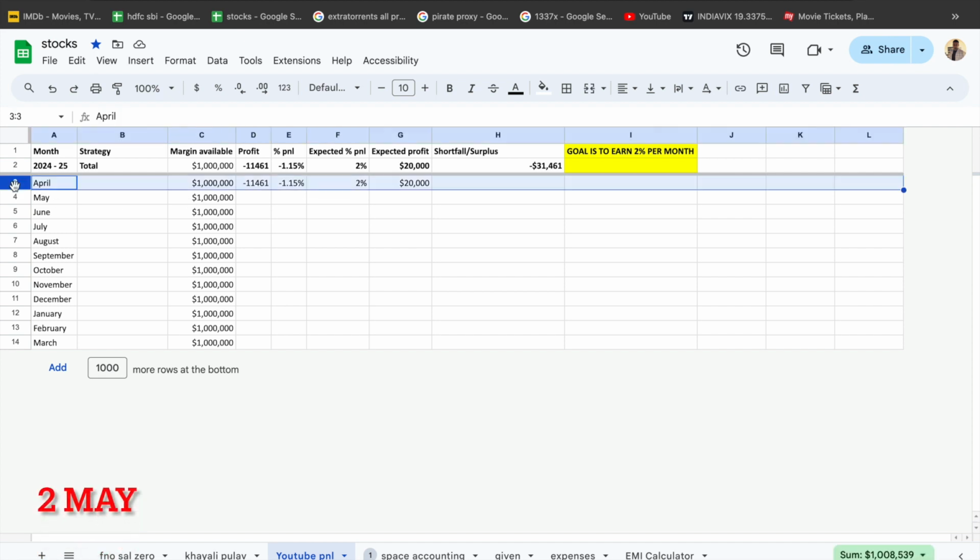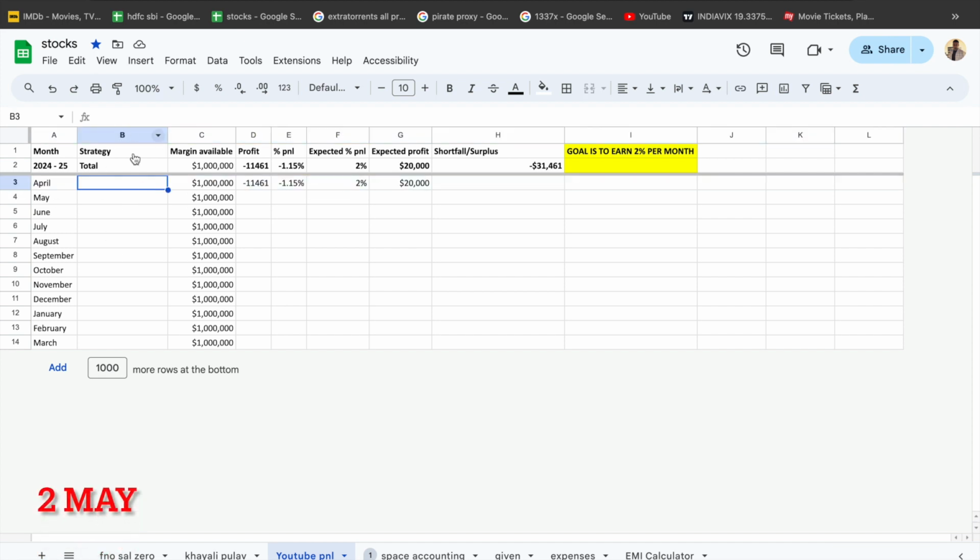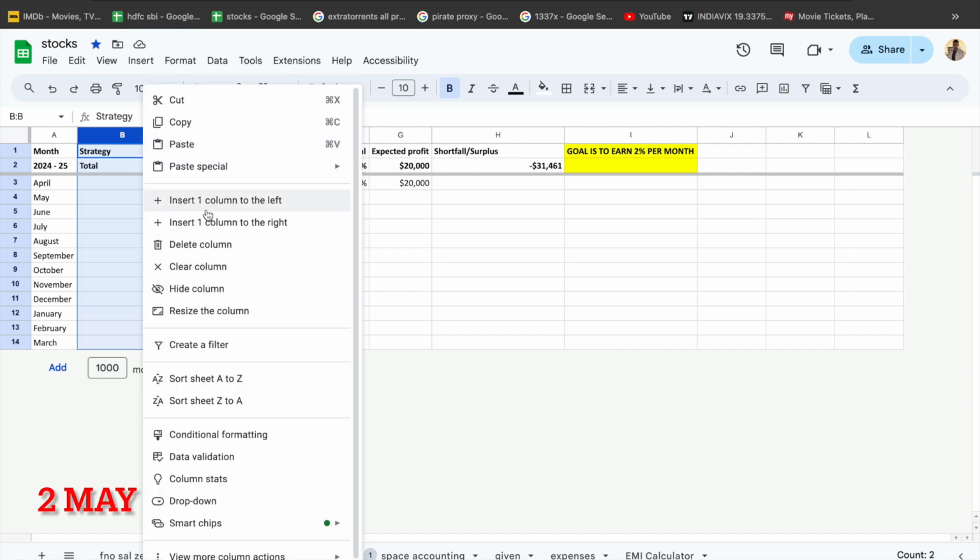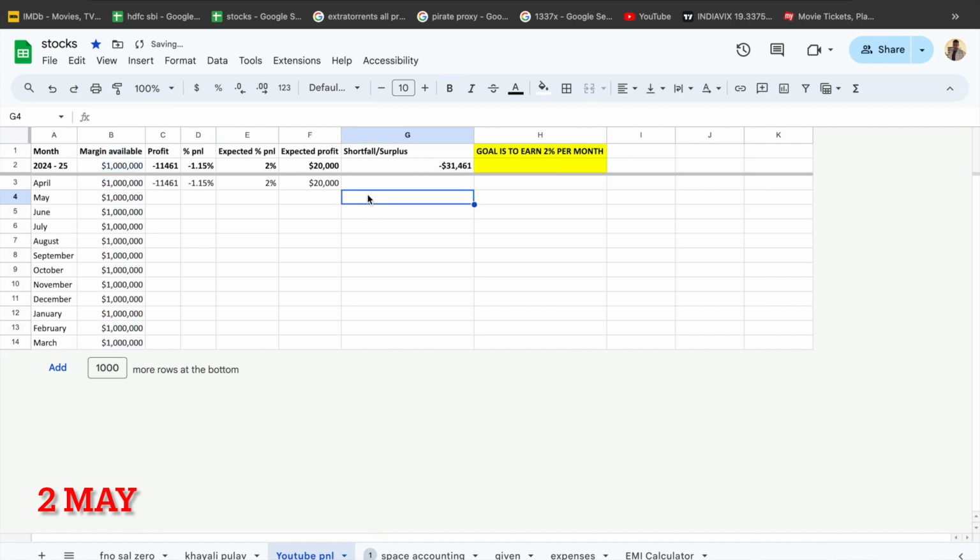So April month is bad. April month went bad, and this is the total. I don't think we need anything of a total kind of here. We can delete this, and shortfall or surplus. Per strategy, we will come to know per strategy shortfall or per strategy surplus. And I don't think we need that. C2 by F2 is sufficient here.